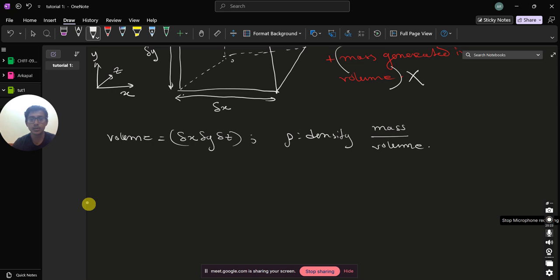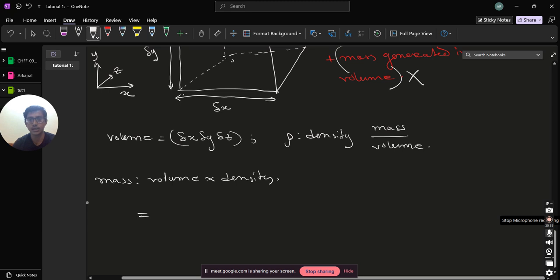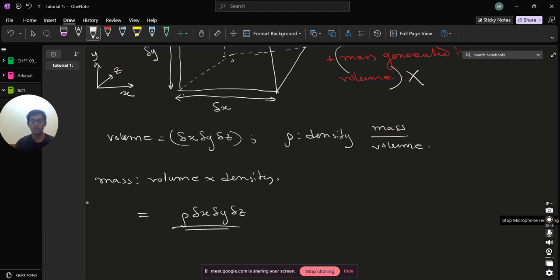Everyone with me? So what will be the mass now? Mass will be nothing but the volume times the density, or we get something like rho times delta x delta y delta z. I think this is quite simple, and you guys are familiar with this.